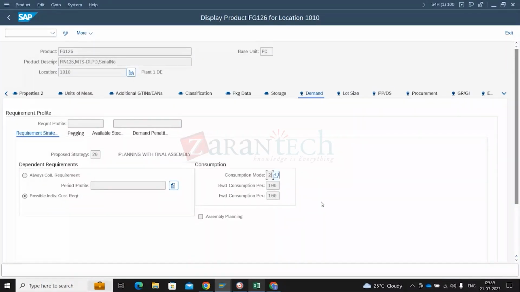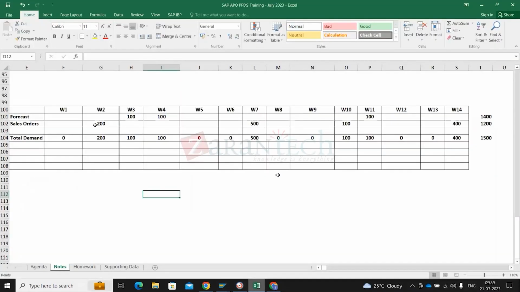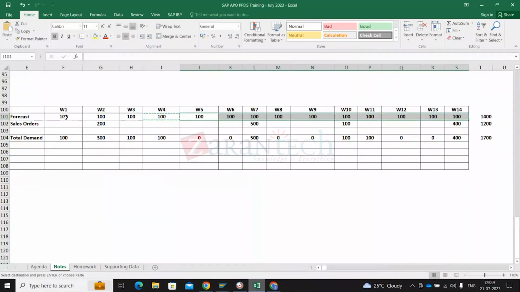That's for sure. Or if you specify here only backward, so in this example, 100, 100, 100. Let us bring it back and say you have the consumption specified only in the backward direction for 2 weeks or 4 weeks, maybe. So this 200 would consume this forecast and this forecast in backward. Fine.